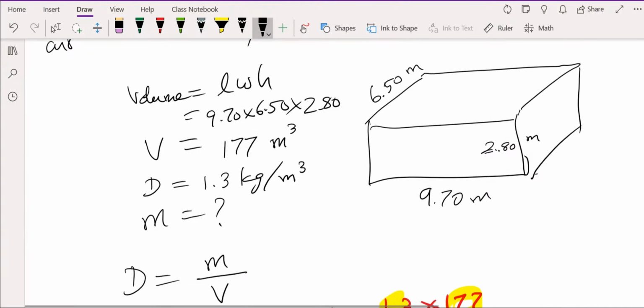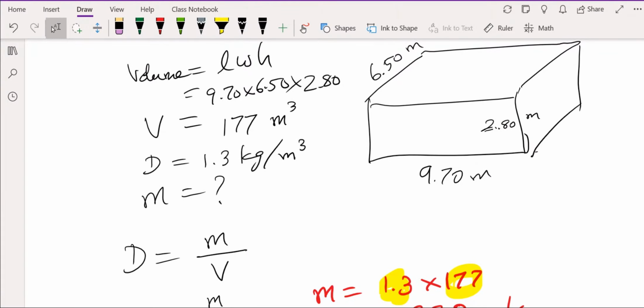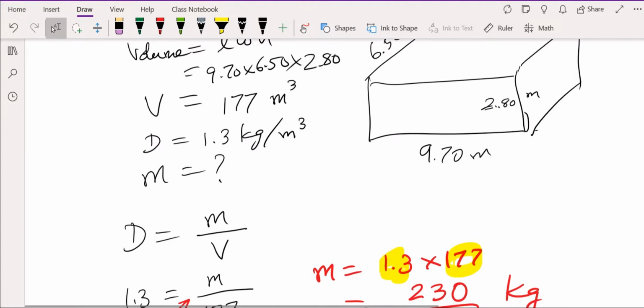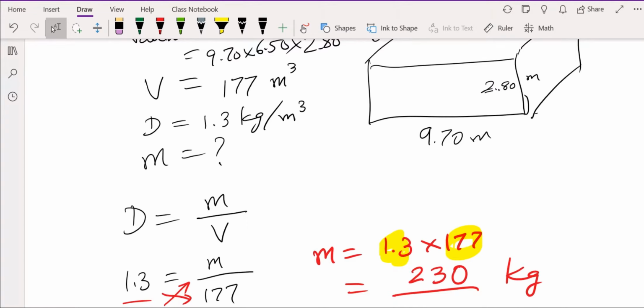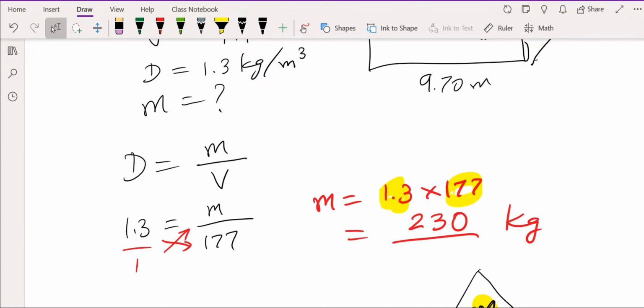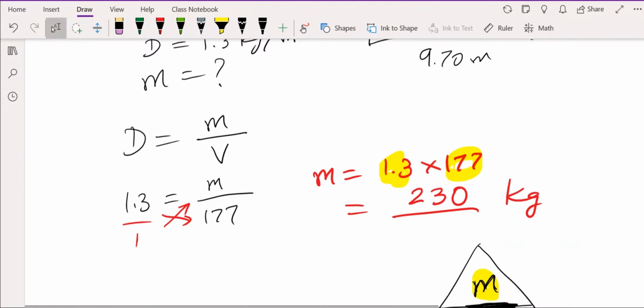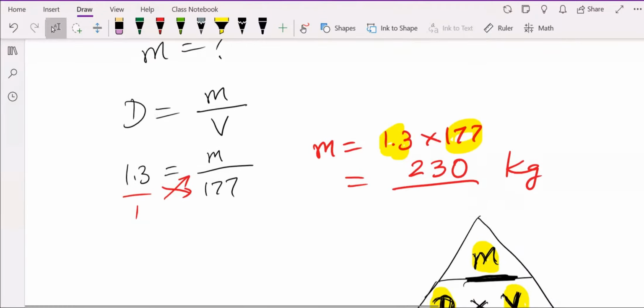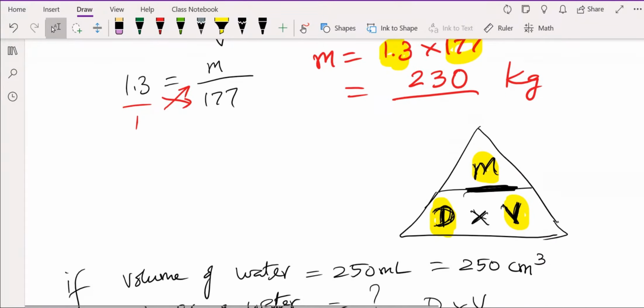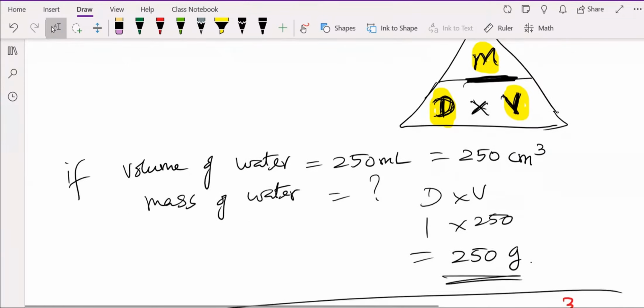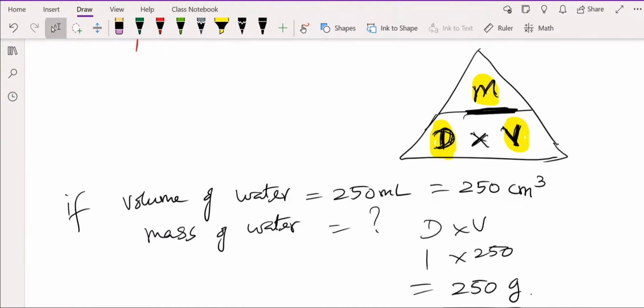So we found out that the total volume was 177 meters cubed, and using the density value as 1.3 kilogram per meter cubed, we could calculate the mass by using the formula, and we got the answer as 230 kilograms. We can use that formula using the triangle or just use the basic formula.